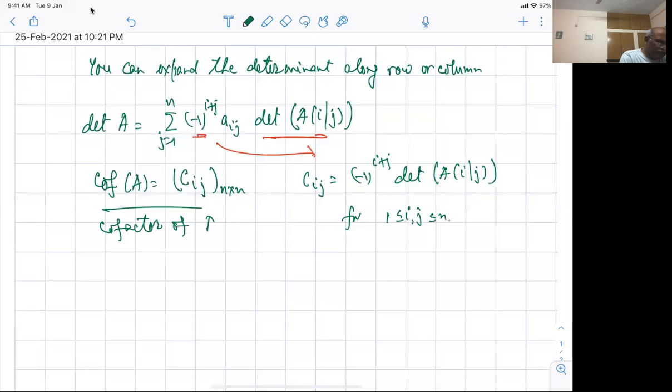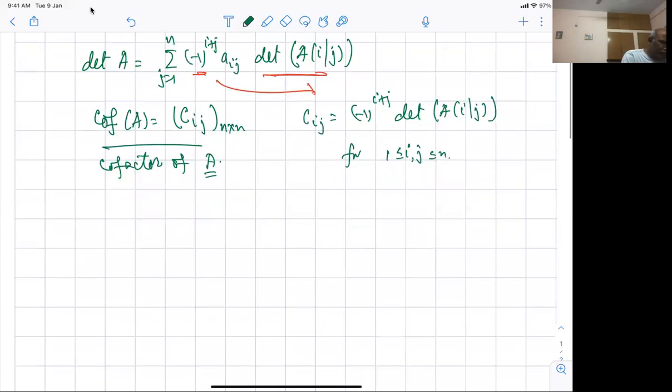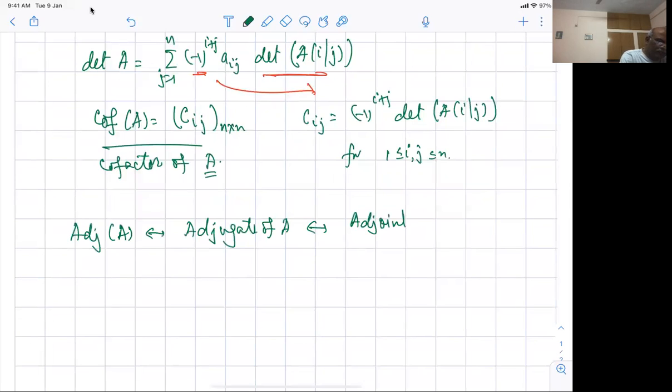Cofactor of A. Fine. So there is another notion called the adjugate of A. In general, we know it as adjugate of A, but earlier, in the classical time, it was called the adjoint of A. So this is classical language, and this is what we learn in school.